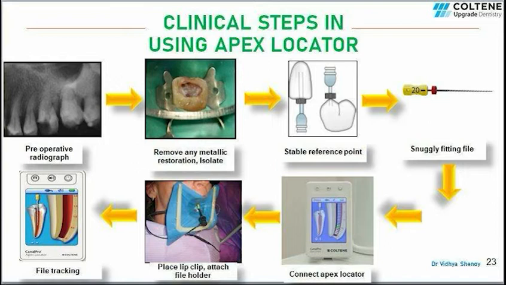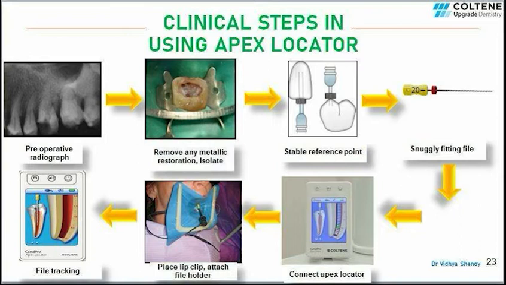Then open the access. Once you open the access and the canals are located, make sure that the pulp chamber and the root canal system are not flooded with irrigants, because if there is any fluid present in the pulp chamber, it can cause electrical shunting.